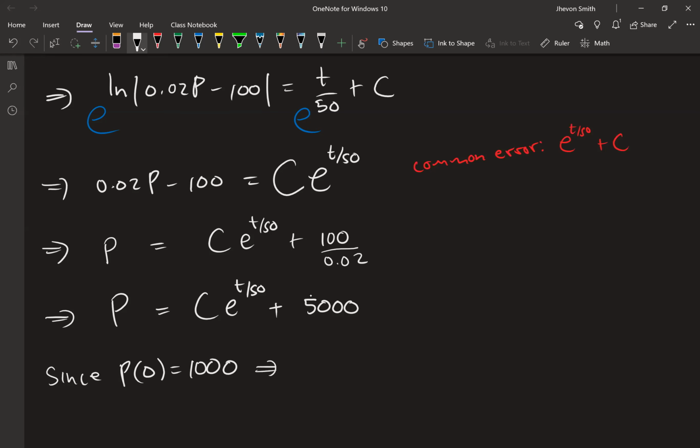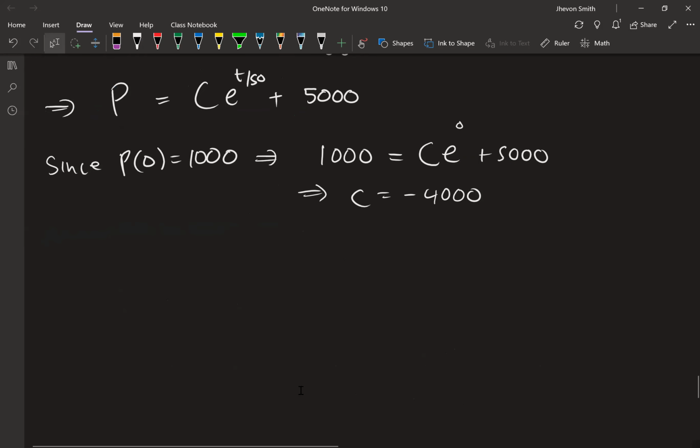This means when I plug in t equals 0, then my P is equal to 1,000. This is, of course, going to tell you that your C is minus 4,000. And so I would be able to say that my P is equal to minus 4,000 e to the t over 50 plus 5,000.